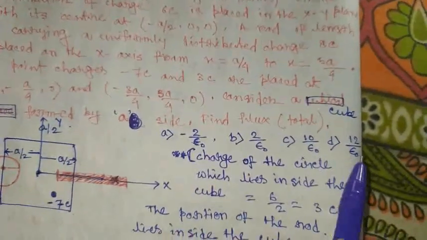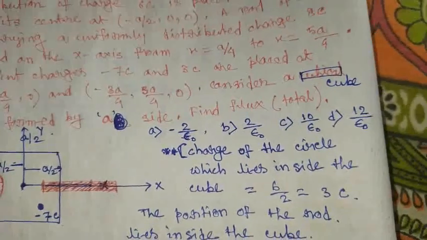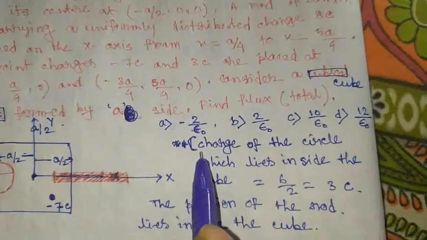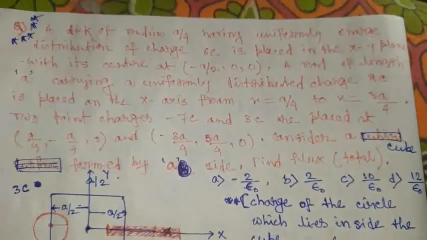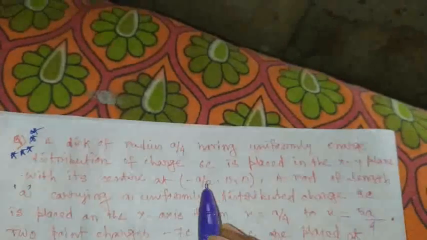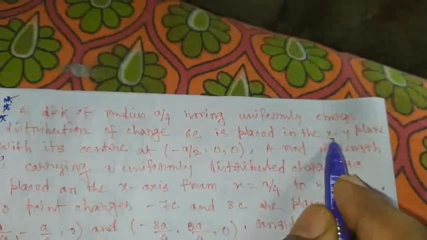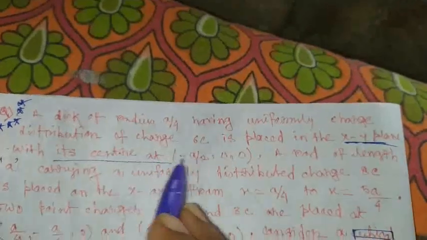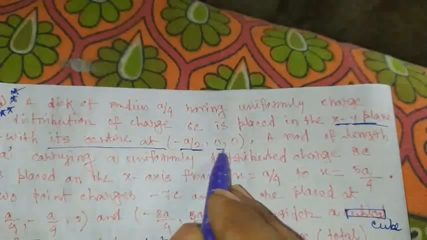Here the 4 options are given. Now let us start to solve this problem. First focus on the disk and its position. The xy plane with its center at minus a by 2, 0, 0.